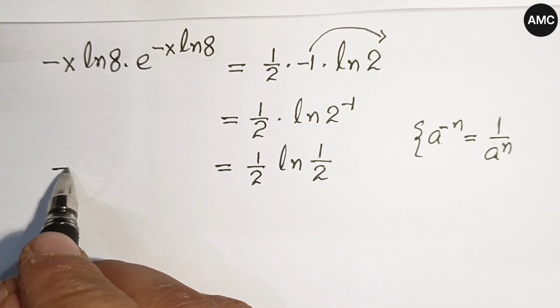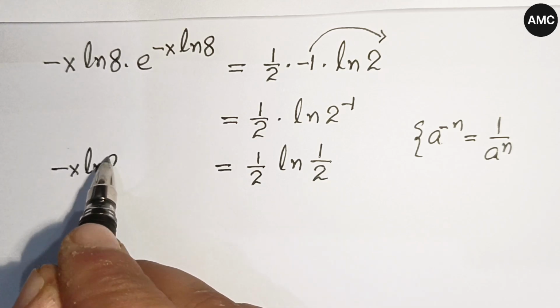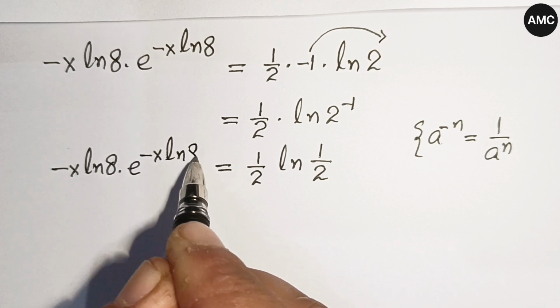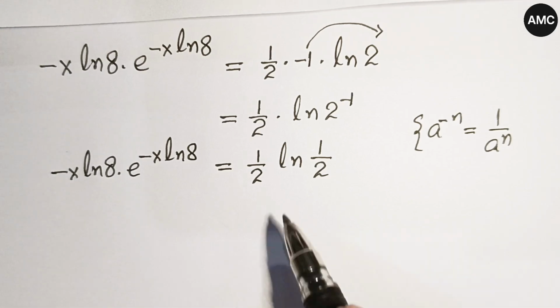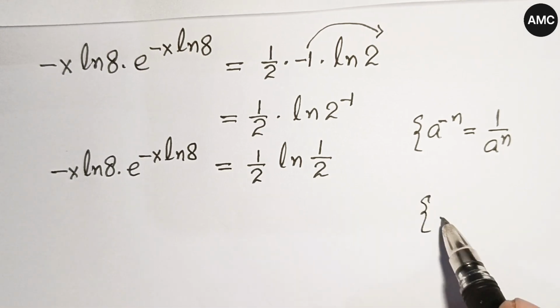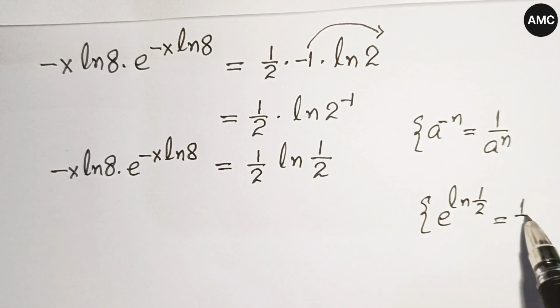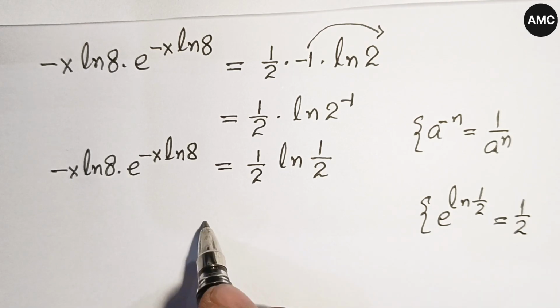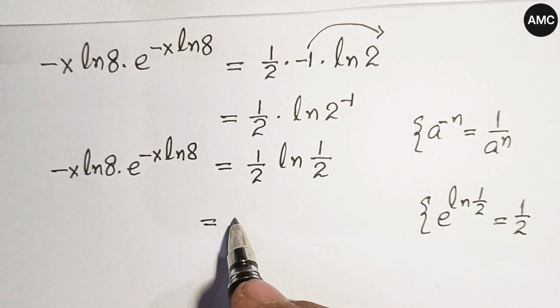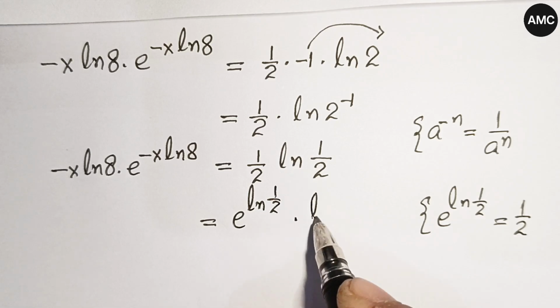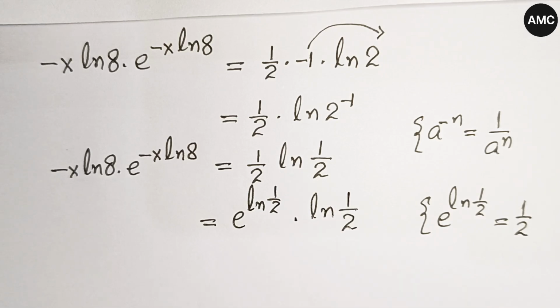Our left hand side is minus x natural log of 8 times e to the power minus x natural log of 8. Now this 1 over 2 can also be written as e to the power natural log of 1 over 2, that is equal to 1 over 2. So we write that this 1 over 2 is e to the power natural log of 1 over 2, times this natural log of 1 over 2.